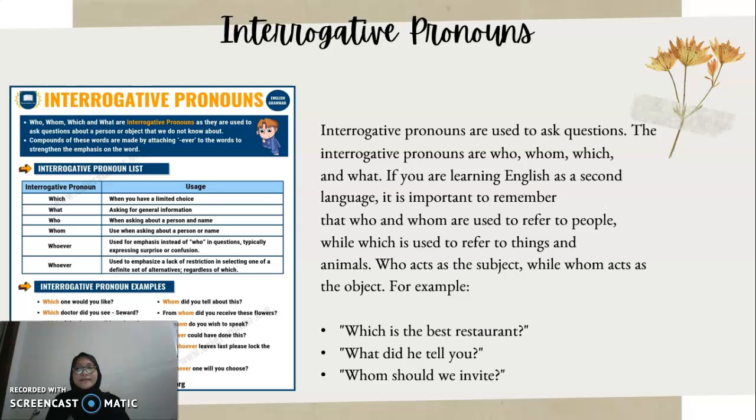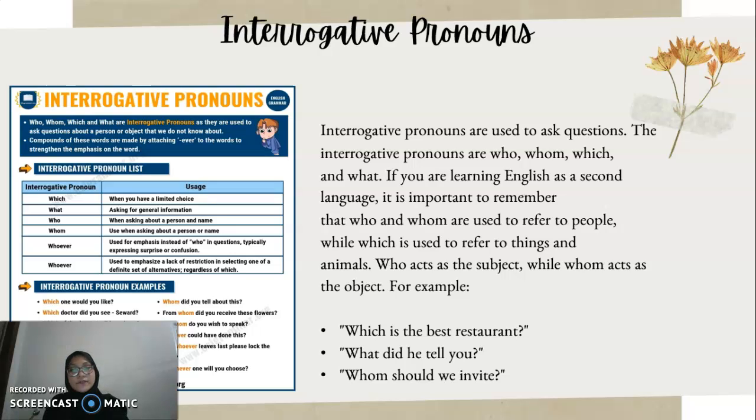Interrogative pronoun list. The interrogative pronouns are which, what, who, whom, and whoever. Which is used when you have a limited choice. What is used when asking for general information. Who is used when asking about a person and name. Whom is used when asking about a person or name.